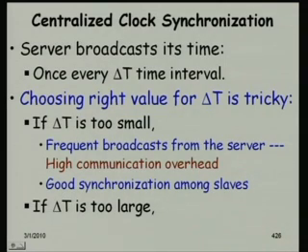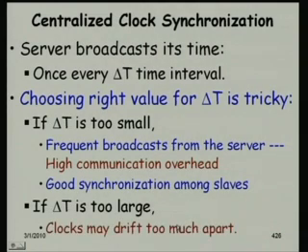They will get synchronized, and as the time progresses, they will become unsynchronized, they lose synchrony, and again after delta t they will get synchronized, right. So, during this interval delta t, the clocks might drift too much, which will be unacceptable.